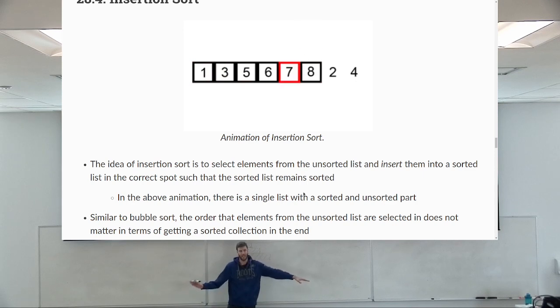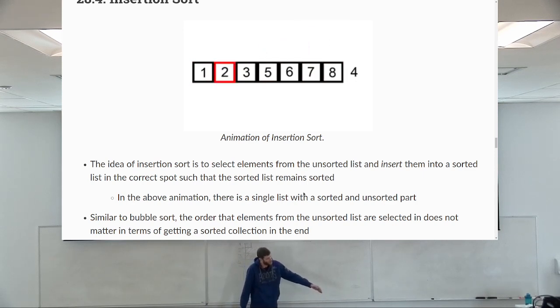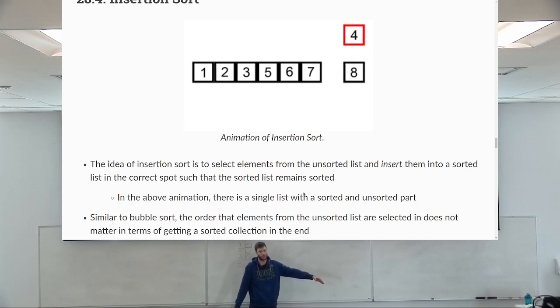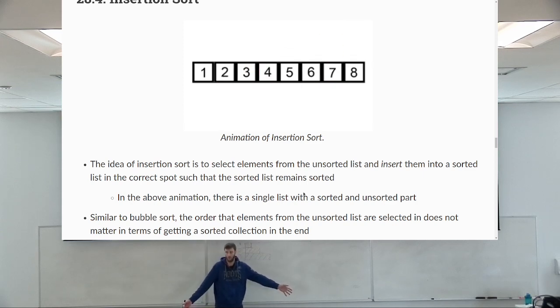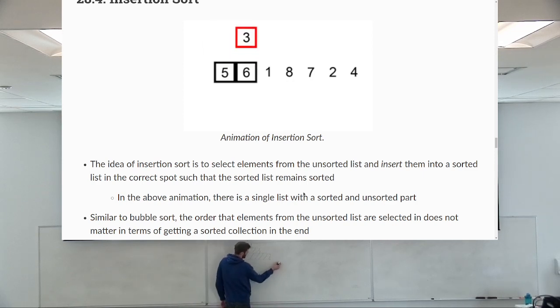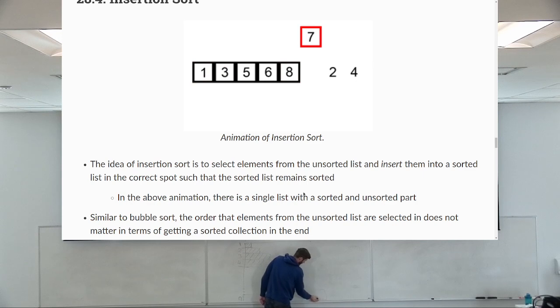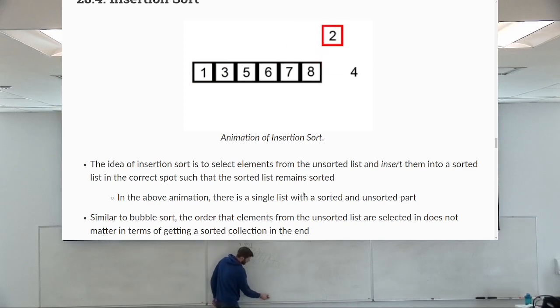Meaning, every time I add something, the amount of work I need to do to find where it belongs in the sorted collection grows. Right? Because it's getting bigger. And eventually, once I get down here, it's going to be like n.